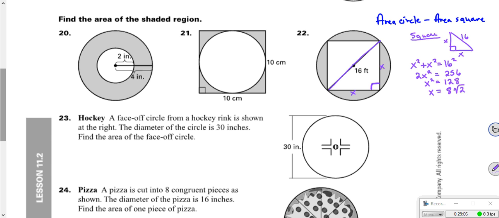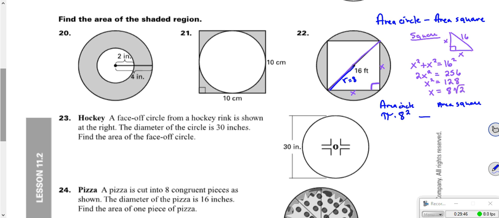Now, let's go back and finish the area. So area of the circle is going to be, first of all, what's my r? From here to here would be my r. Well, if the diameter is 16, the r has to equal 8. So the area of my circle is pi r squared minus the area of the square.